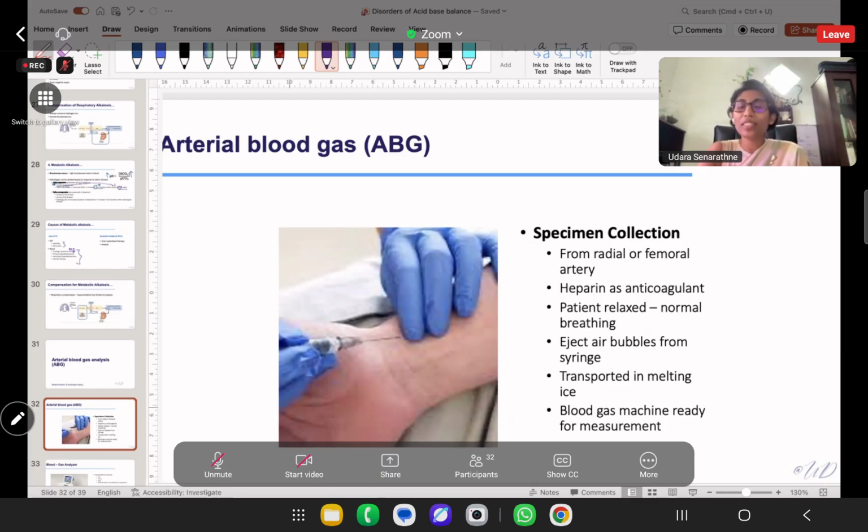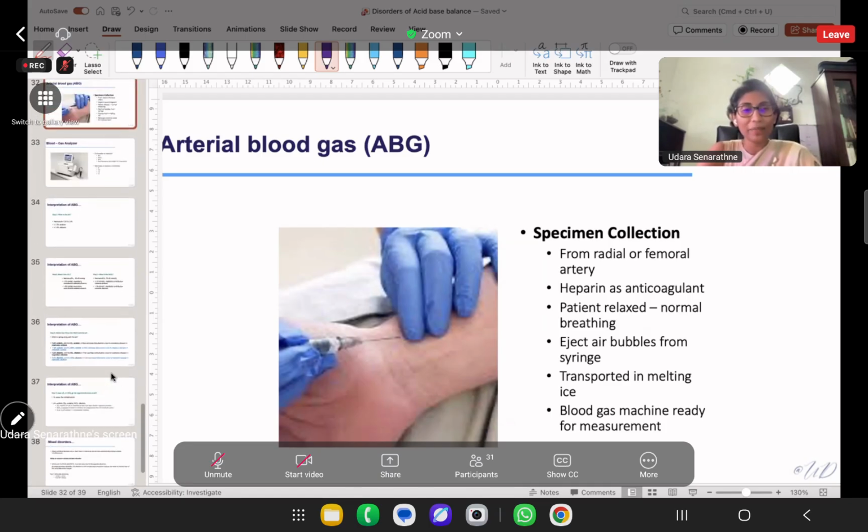That is by transporting it in melting ice without any air in contact with the blood. So you take the blood into an anticoagulated syringe, usually a heparinized syringe, and that blood is usually taken from a femoral or radial artery. Eject any air bubbles in the syringe immediately, close the cap, and transport it in melting ice so that you can do the analysis immediately.